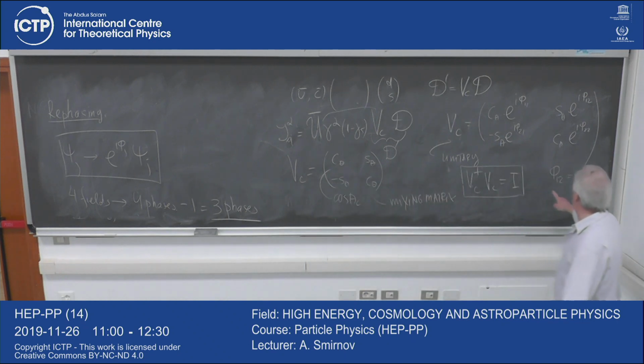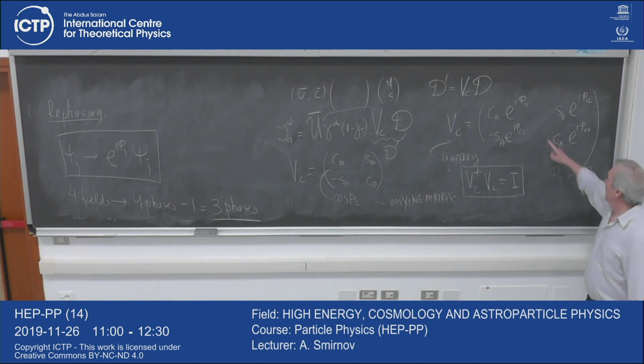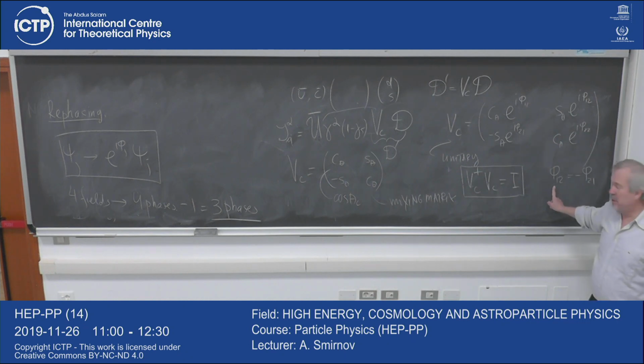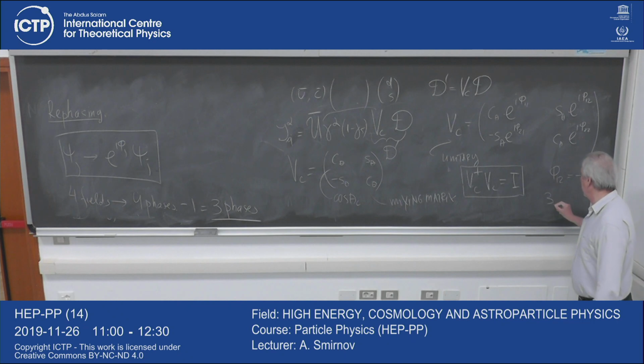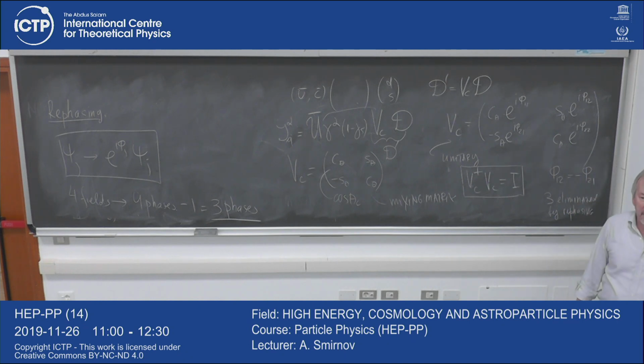And we started with 4 phases. 1 is eliminated by unitarity, and 3 phases can be eliminated by rephasing of the fields. Which means that nothing is left.